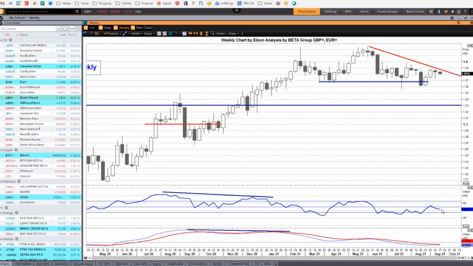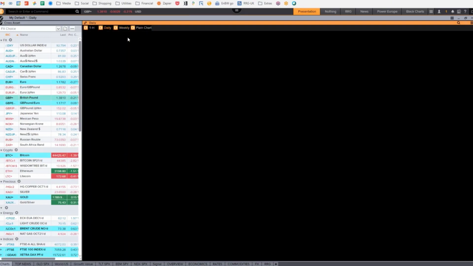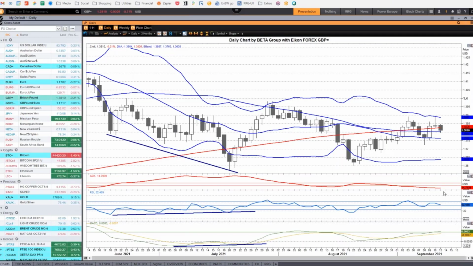The indicators are looking a little bit mixed in here, slightly weak. The MACD is a pretty neutral message here, reflecting flatness in the market. We see this in the ADX, which is down at 14, so it's telling us we're not in a strong trend.